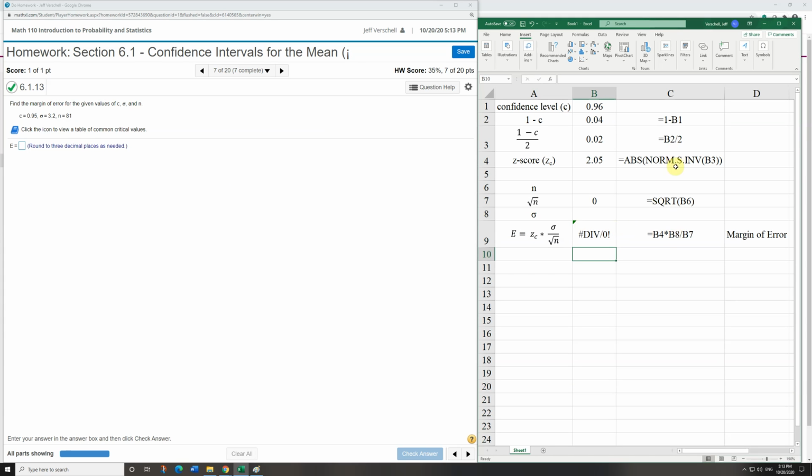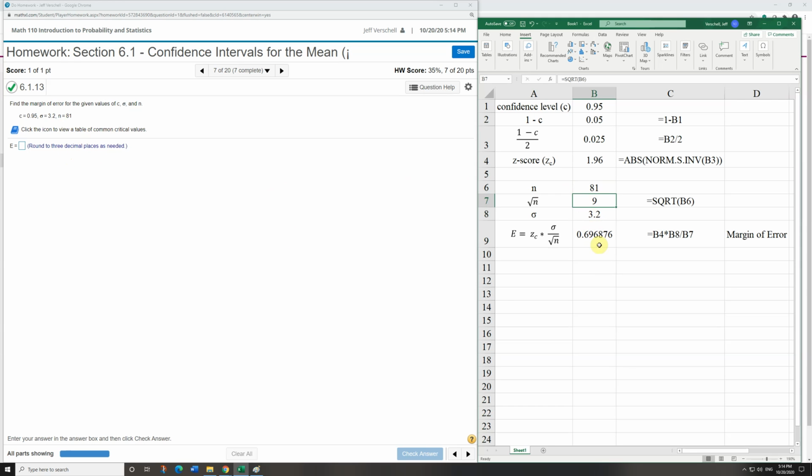Okay, and you can see everything that's typed in here. My confidence level is 95. I come up here and change it to 0.95. Watch those numbers change. Bang, right? It's like a casino or something. Sigma is 3.2, so I put in 3.2. My N value is 81, I put in 81, and everything else changes.